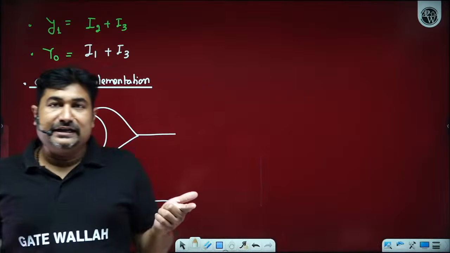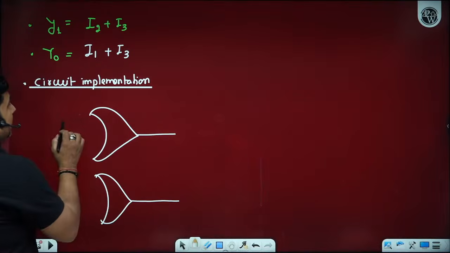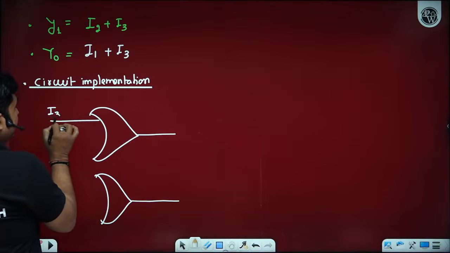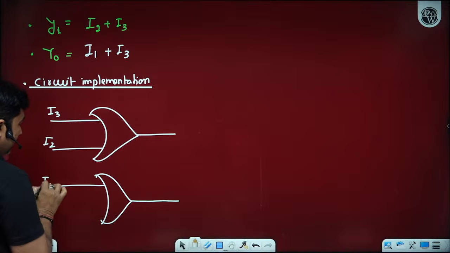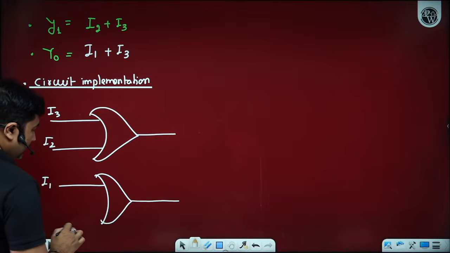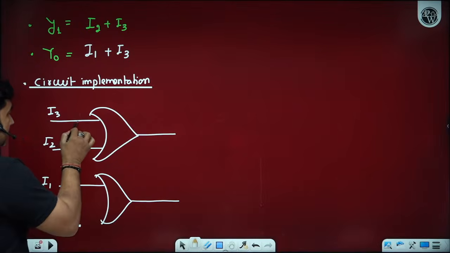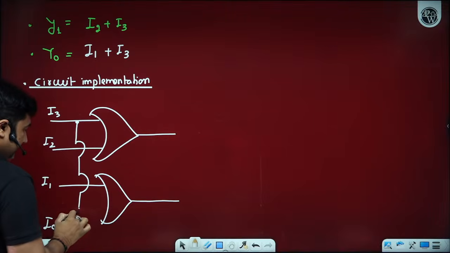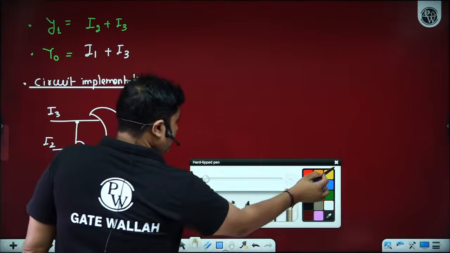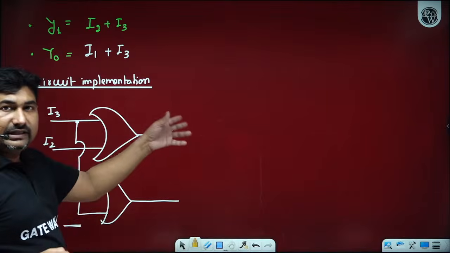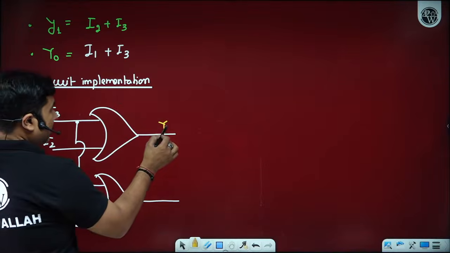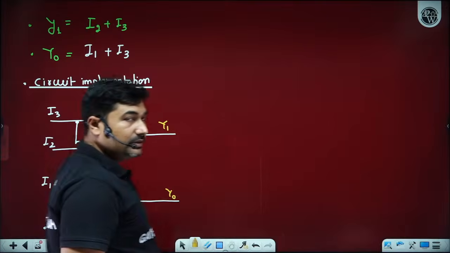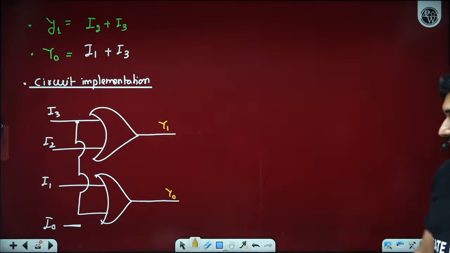So we have the I3 pin, I2 pin, I1 pin, and I0. The I0 pin is not connected anywhere. Is it okay? Yes, sir. I3 is connected here as well. The designer needs to define the MSB and LSB, because then only a user can utilize the circuit. So we have Y1 and Y0. Is it okay? Great, sir.